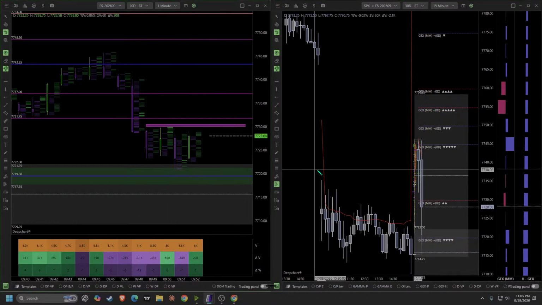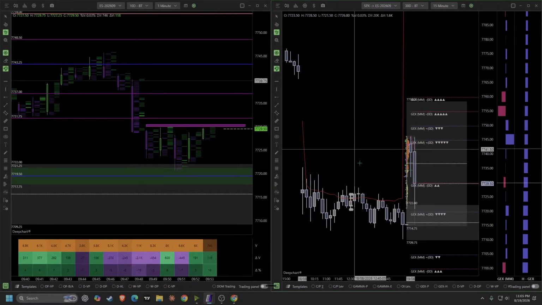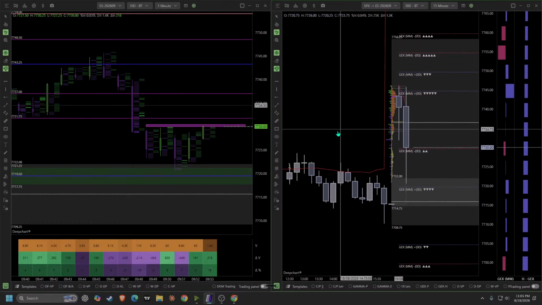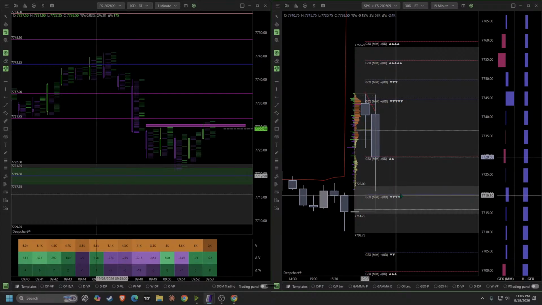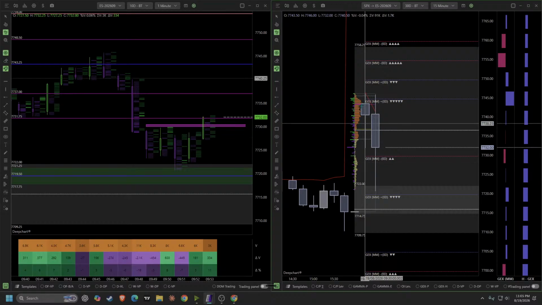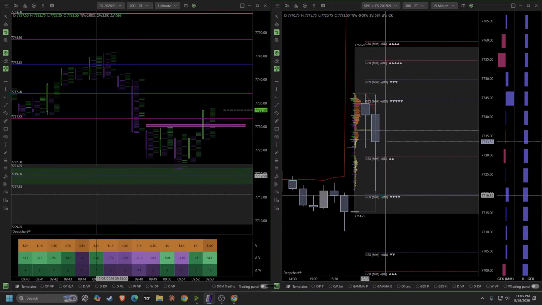So we have some consolidation here. So we almost tapped into this GEX level, stopped short of it, and then bounced back. So we tapped into this previous range and rejected.